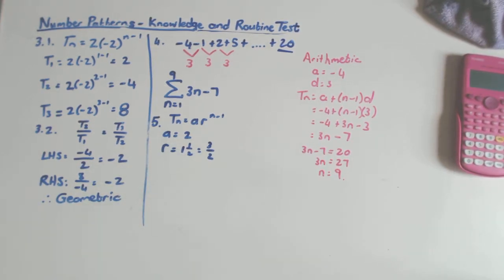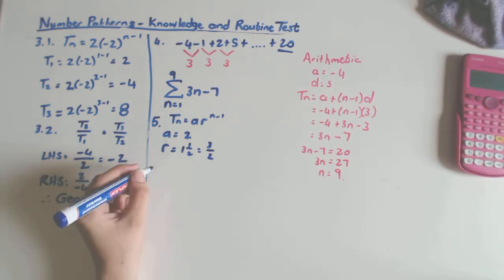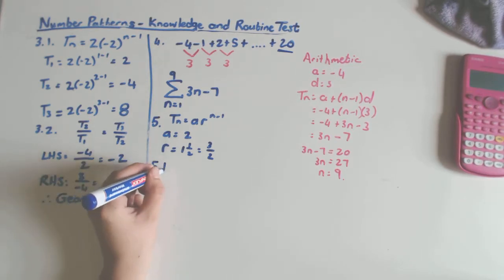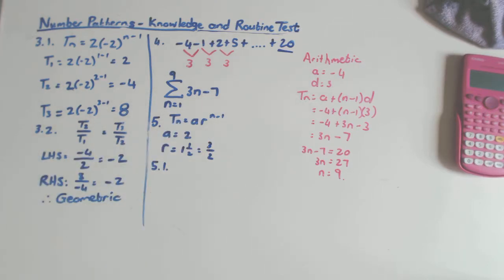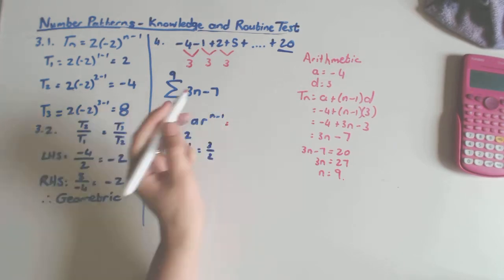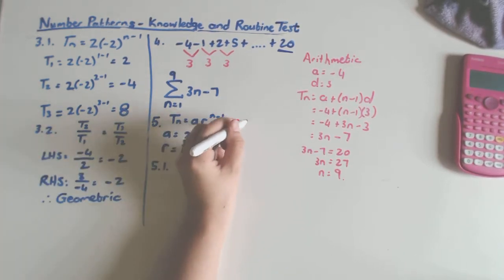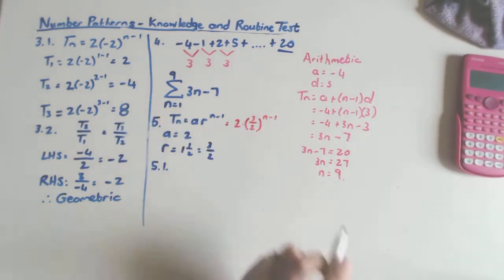Okay, so then they say determine the value of the fifth term for 5.1. Now I already have this formula. Can you see if I have the A and the R value? My general formula will be 2 times 3/2 to the power of n minus 1.